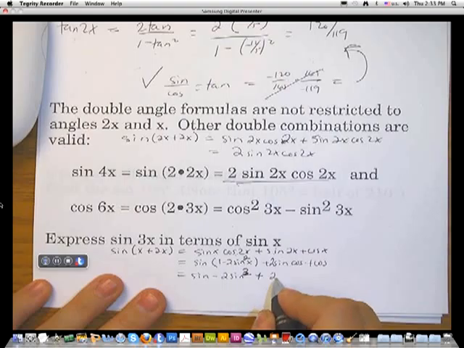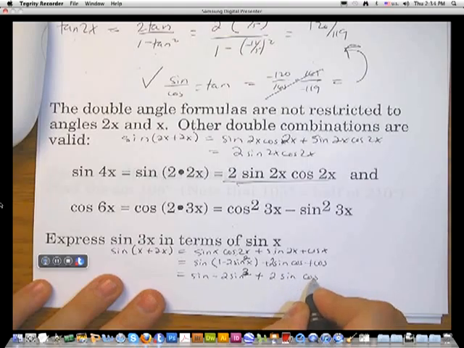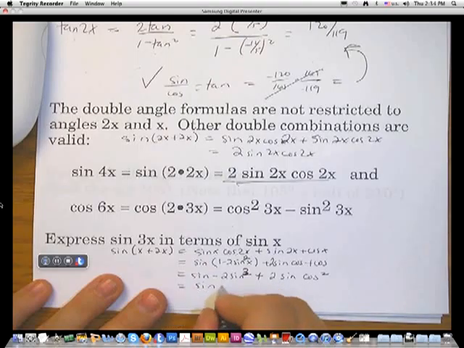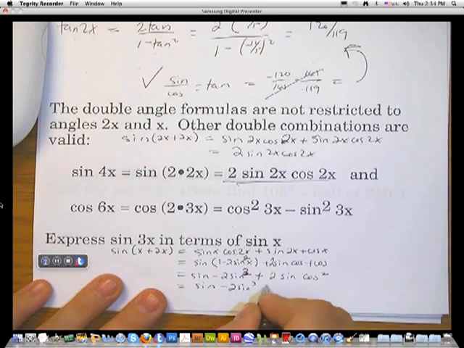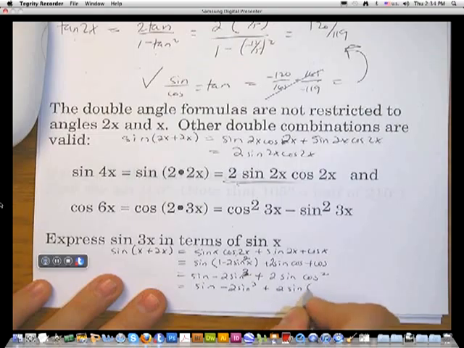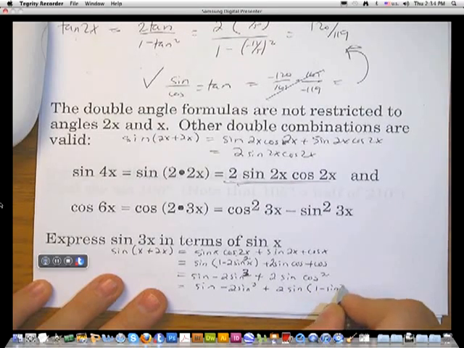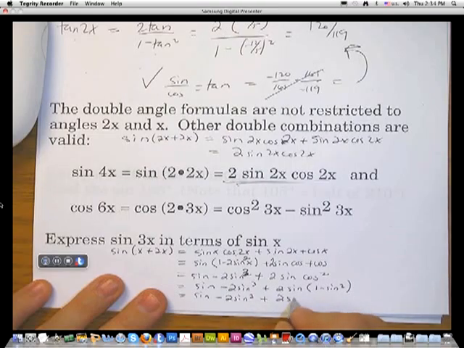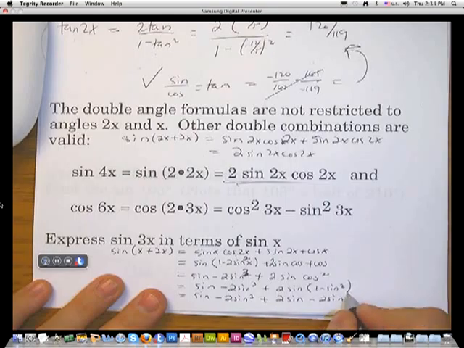Plus 2 sine cosine squared. Now we have sine minus 2 sine cubed plus 2 sine of 1 minus sine squared. Sine minus 2 sine cubed plus 2 sine, distributing here, 2 sine cubed.